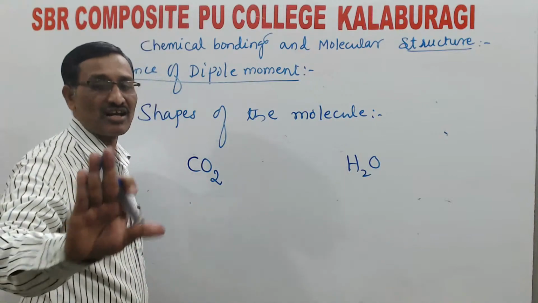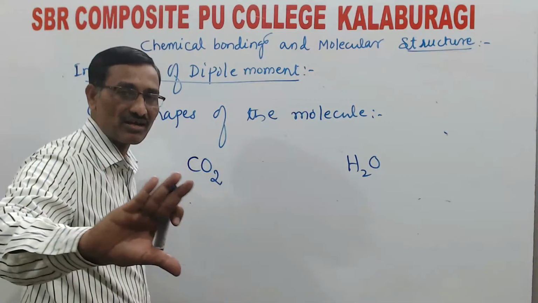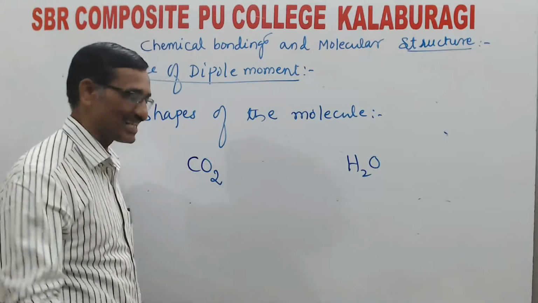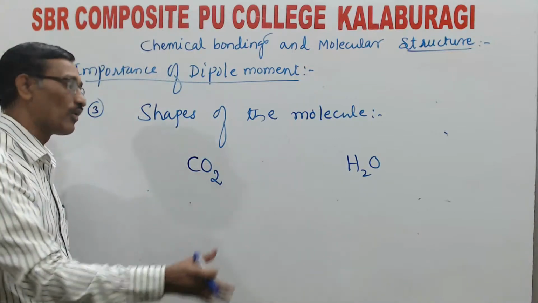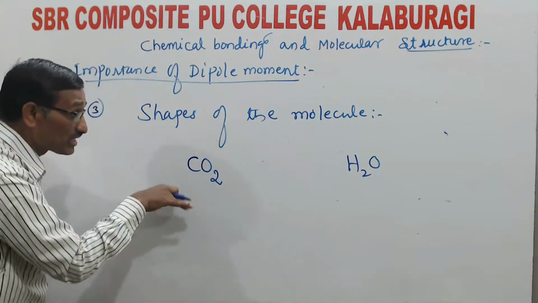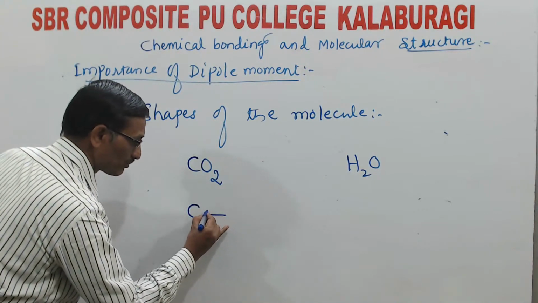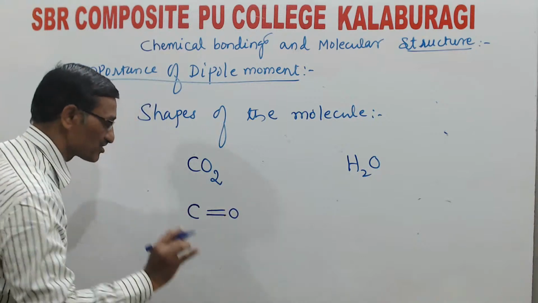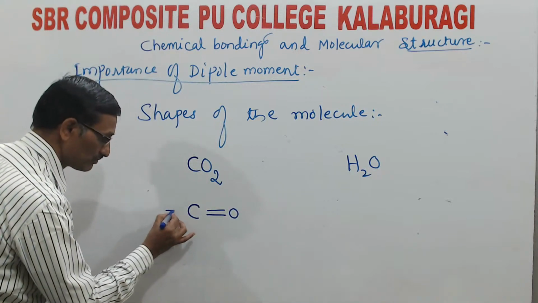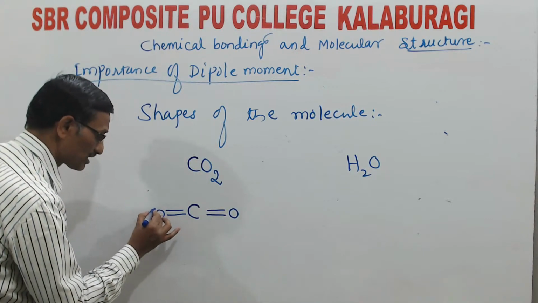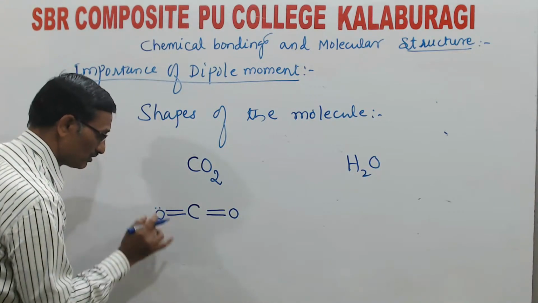Again, I will explain the geometry in the remaining concepts. Don't think much now about the geometry, how and why. But based on the dipole moment value, see here, central atom carbon. You came to know that double bonds are there. I am not representing the lone pairs of electrons, but if you want, I will write them here, no problem.